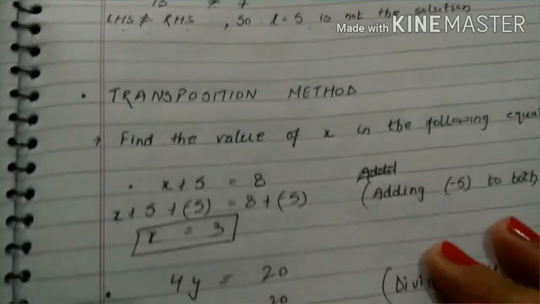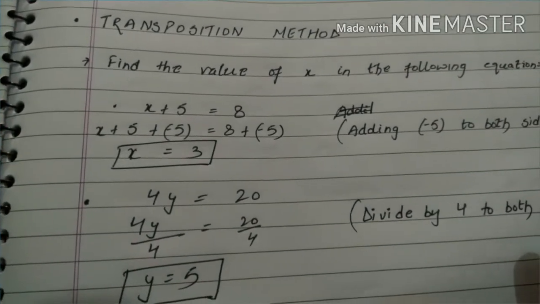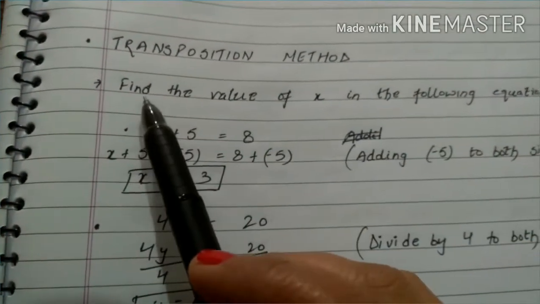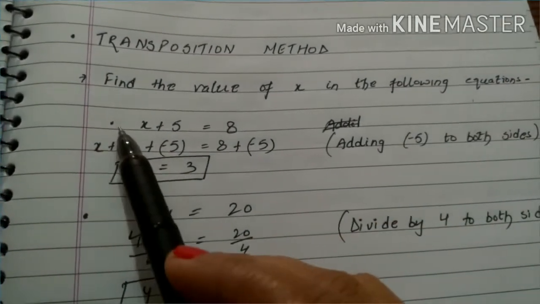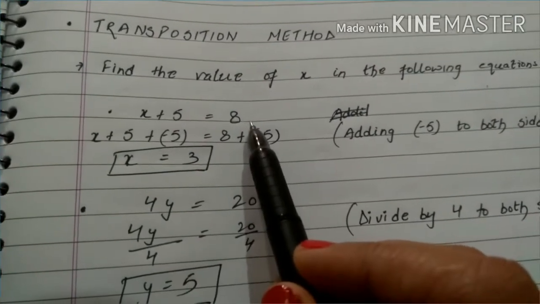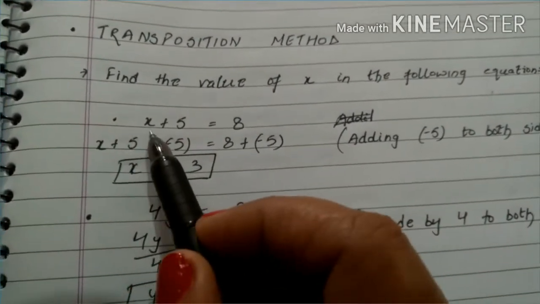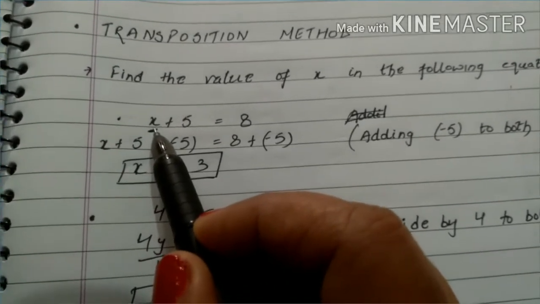Okay. The last is the transposition method. Here you have to transpose. Find the value of x in the following equations. The first equation I have taken is x plus 5 is equal to 8. If you have to find the value of the unknown variable, in this case it is x.